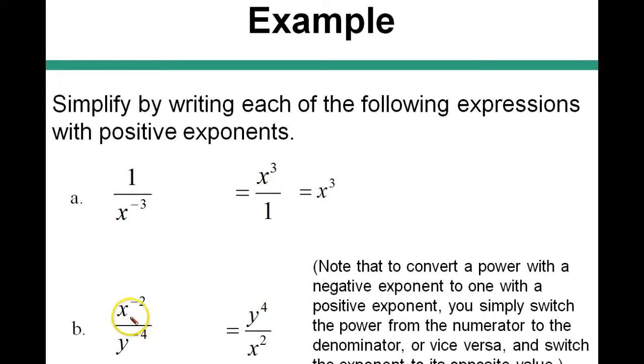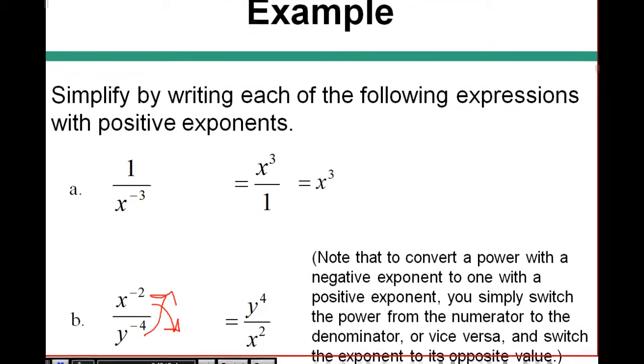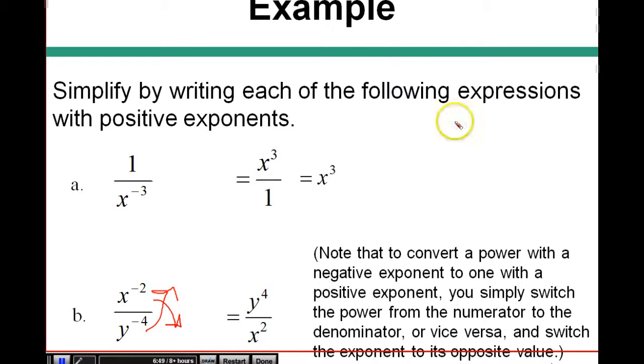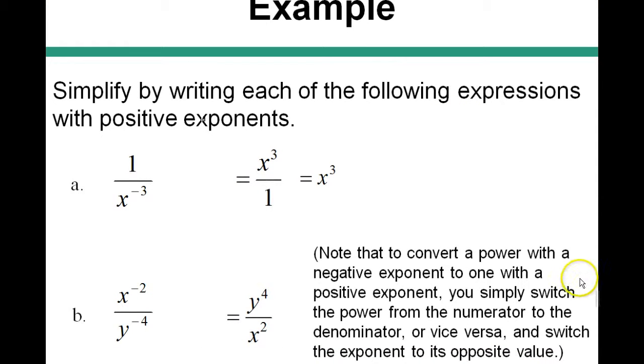Now, for something like this, where this is negative in the numerator, negative in the denominator, just move that up and move that down, and this is what you get. Now, anytime you want to pause to read these rules in more detail, just do so.